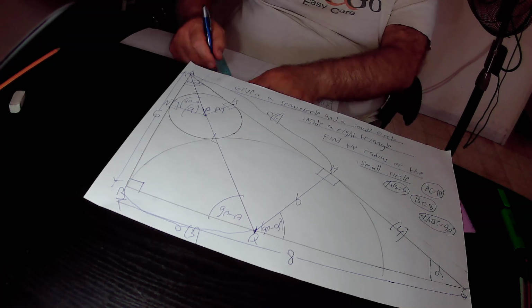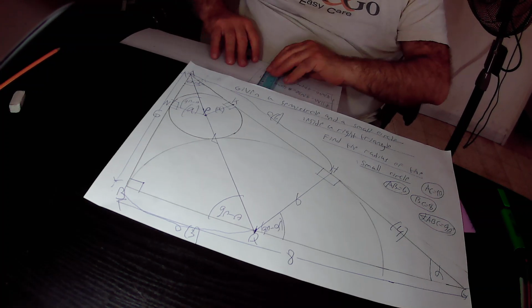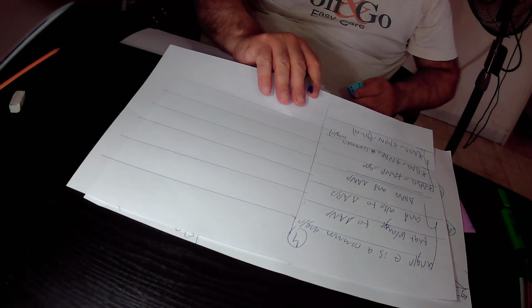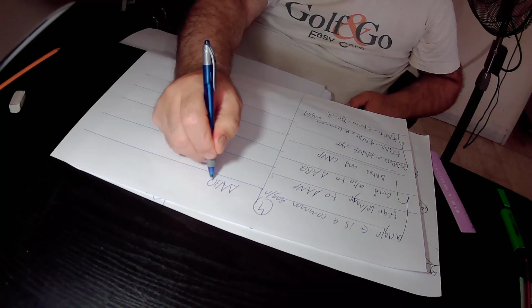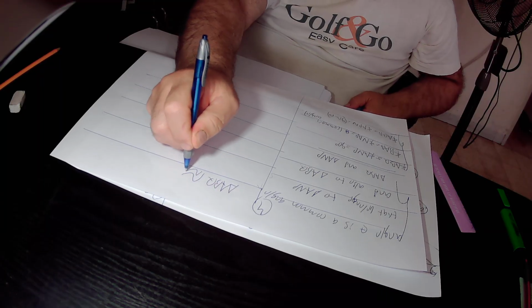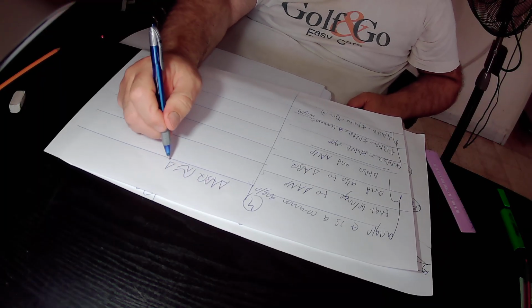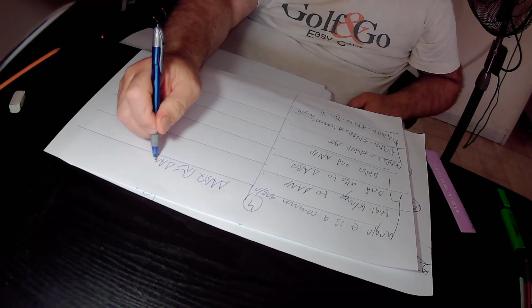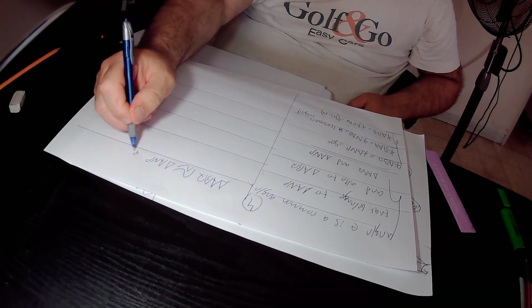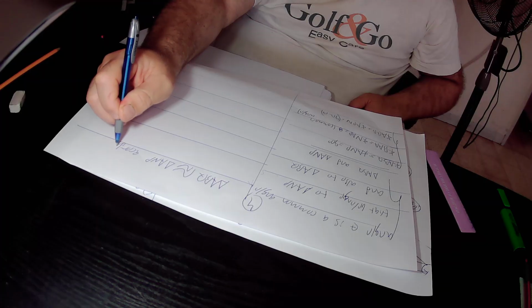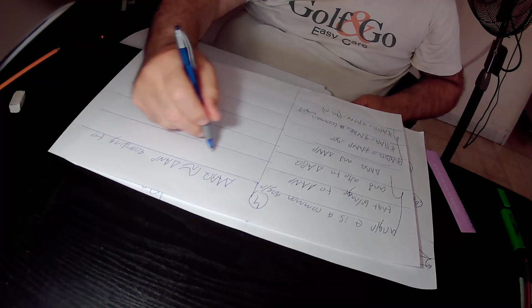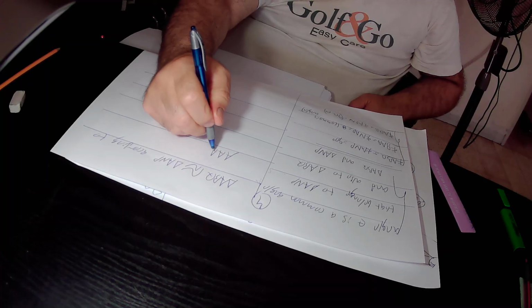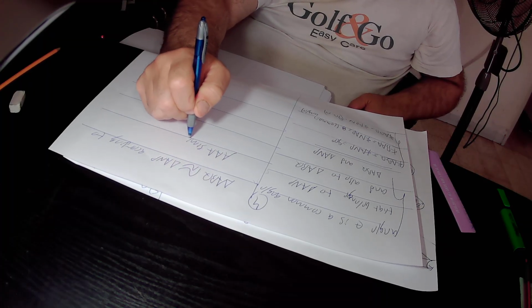So we actually found out that the right big triangle ABQ is similar to the right small triangle ANP, according to the angle similarity rule.